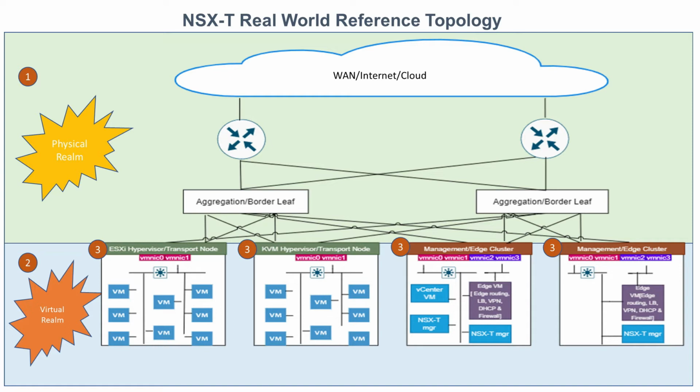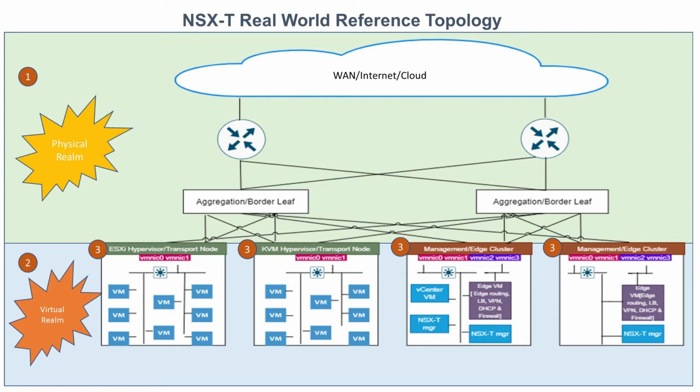This is dominated by the virtual realm, which is basically the second part of the diagram, where you have server infrastructure laid out across and mostly dominated by the hypervisors. In NSX-T terms, these are called transport nodes.